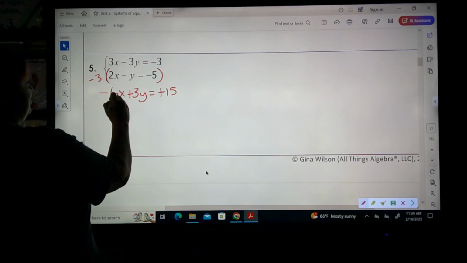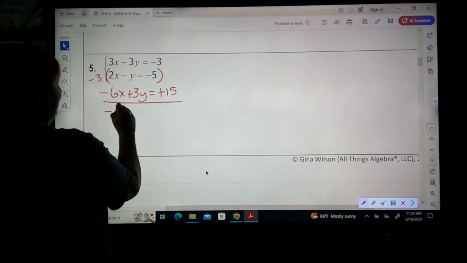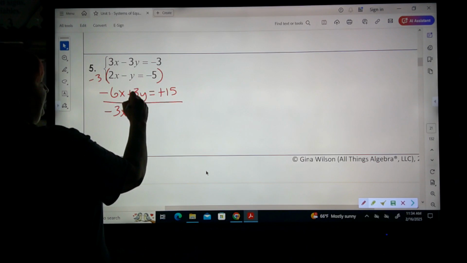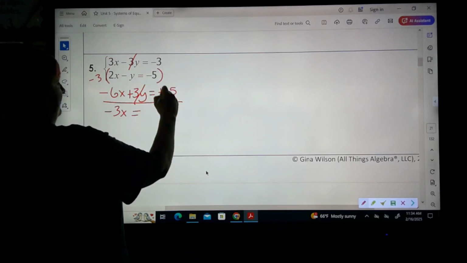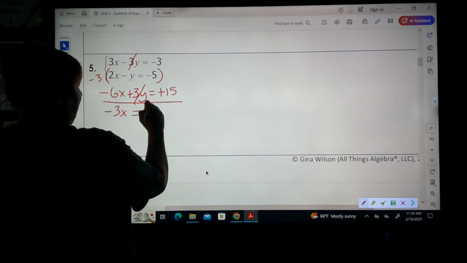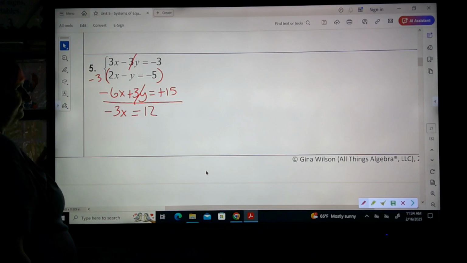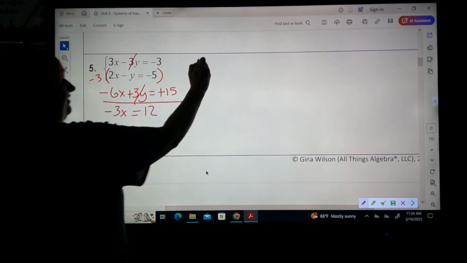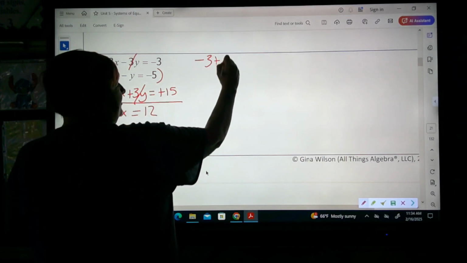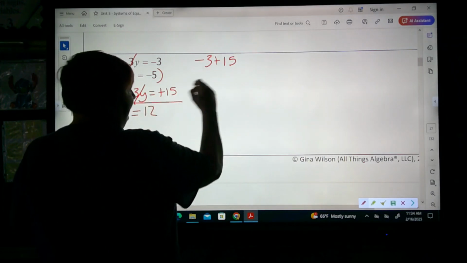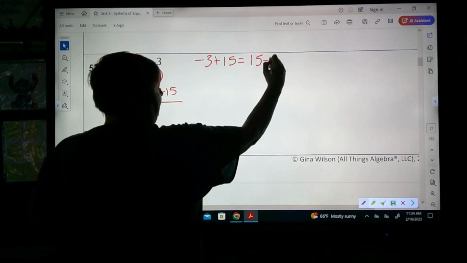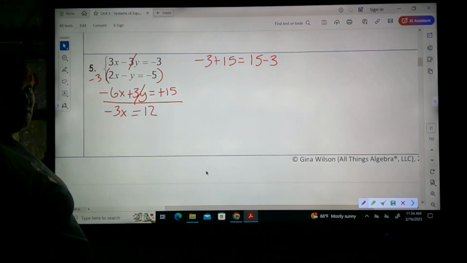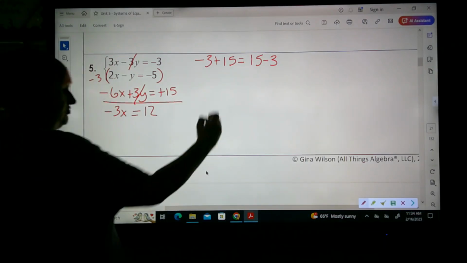Alright, 3x minus 6x is negative 3x. The 3y's cancel. And I'm left with 15 minus 3, which is 12. Negative 3 plus 15 is the same as 15 minus 3.